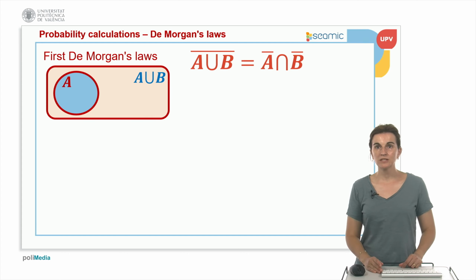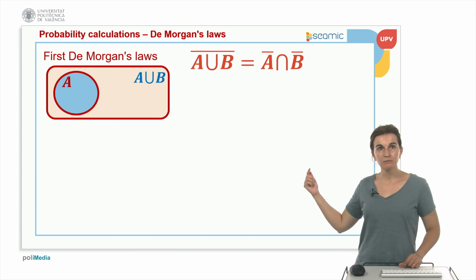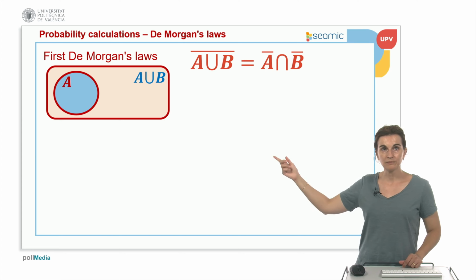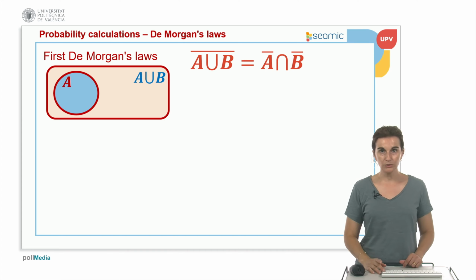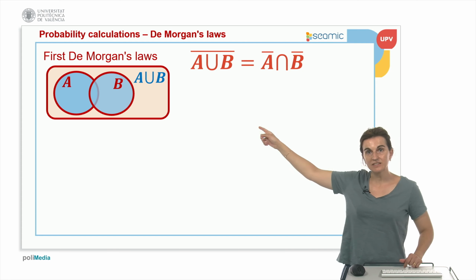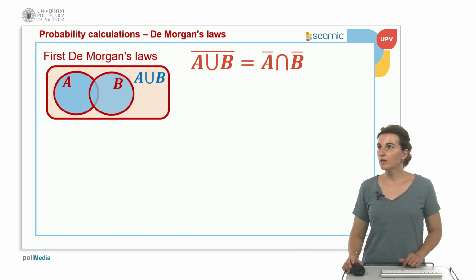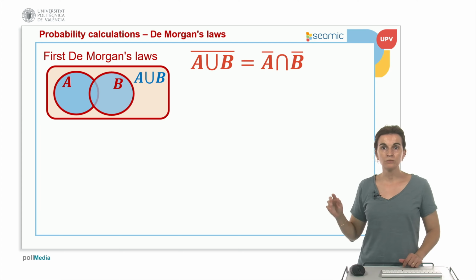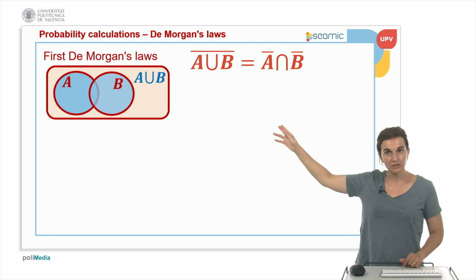Imagine that we are considering the area that's defined by the union of A and B. So, if we consider the union of A and B, you know that this is the shape given by the addition, the union between A and B, as it is shown here.